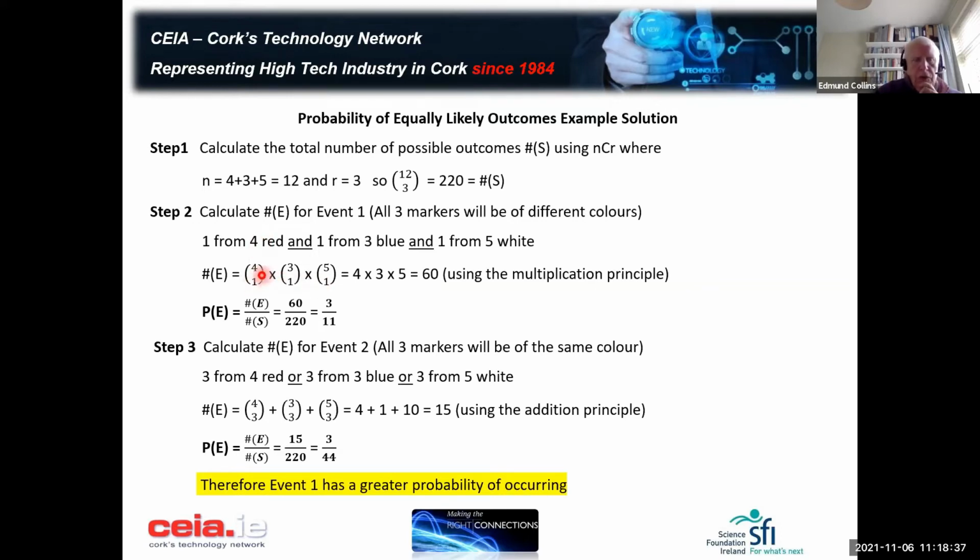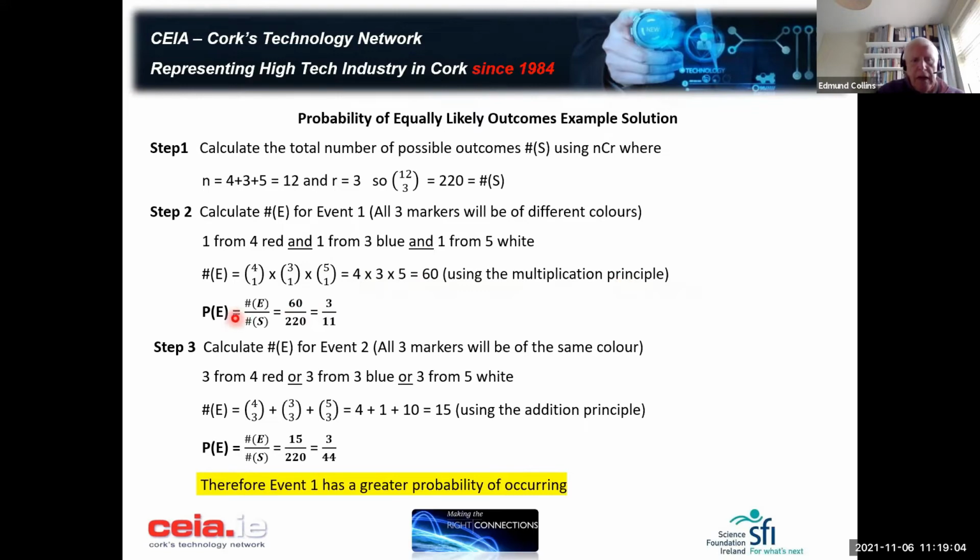For the first, N is 4 and R is 1. In the second, N is 3 and R is 1. And in the third, N is 5 and R is 1. So working that out, we have 4 by 3 by 5, which is 60, using the multiplication principle.